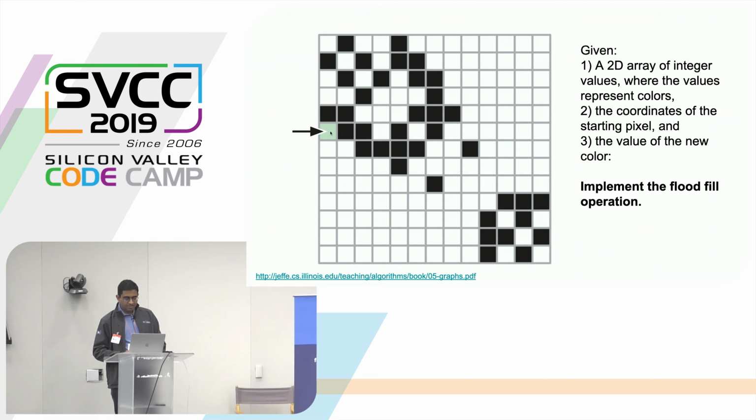Now this pixel is initially white in color, but you're given the value of the new color that this pixel should take, and in fact all pixels that are connected to this pixel having the same starting color as that pixel, all of those cells need to be changed to green. So that's called the flood fill operation. You're supposed to modify the two-dimensional array to flood fill it.